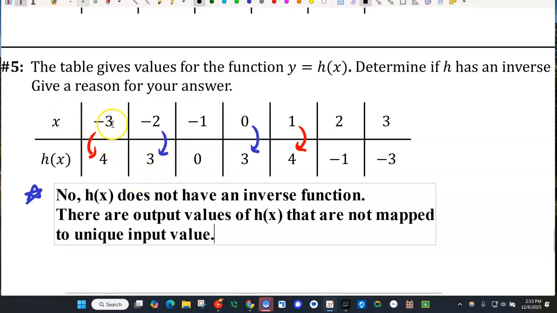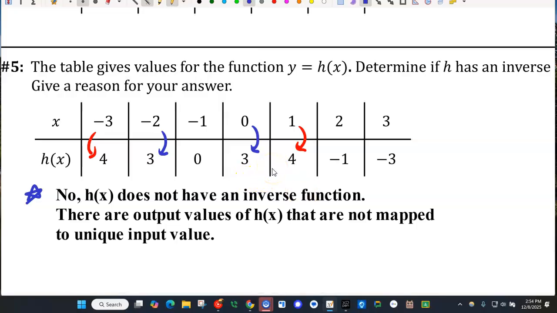You want to think about, if I get to 4 and I just have 4, we don't know where to go back to. If I have a 4 and I'm trying to reverse it, do I go back to -3 or do I go back to 1? We don't know. So that's the dilemma, that's the problem. That's why we don't have an inverse. We don't know where this 4 should really go because there's 2 numbers it came from. If we had one number, like it was 1 to 1, then we'd be okay.